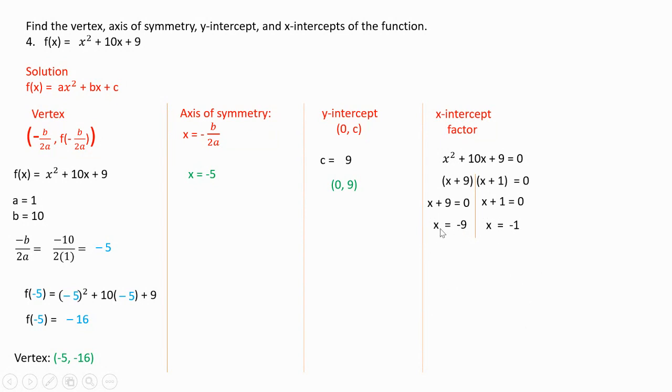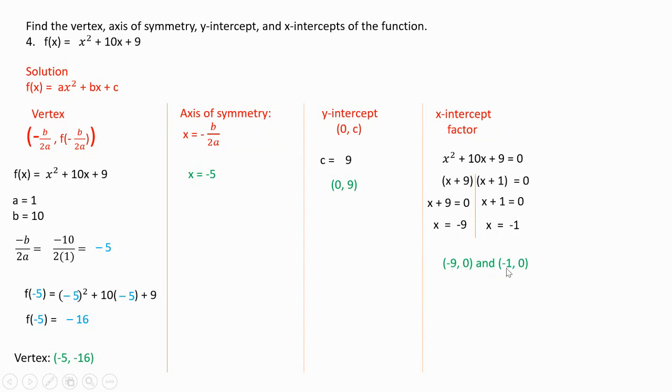So be real careful how they're asking for the answer. If it says x equals a blank here, it just means they want the intercepts, like x equals negative 9, comma, negative 1. But if they want it in an ordered pair, then you have to put them in ordered pairs, like an x and a y value.